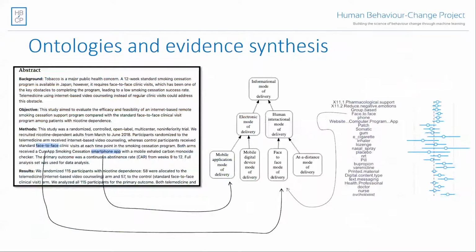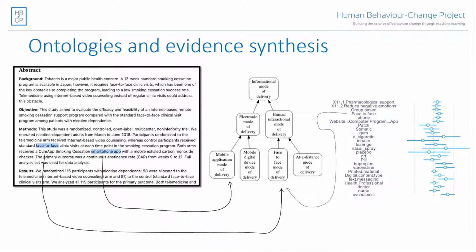So what this means in practice is that the ontology, and here in the middle you see a subset of the ontology for mode of delivery, needs to be associated with the literature, and then those categories that are represented in the ontology can be used as a basis for summarizing the literature and indeed for building predictive models.